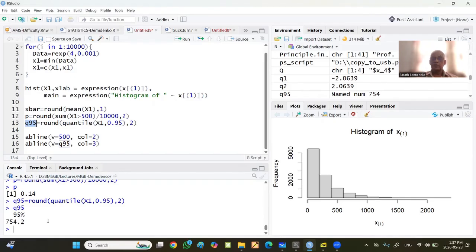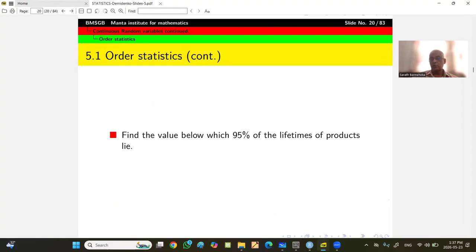754 hours. Right. So that's how we can use these ideas of order statistics to get this kind of answer. So you can see that's very useful, right? Otherwise, the mathematical calculations will be quite difficult sometimes, but this is a much easier way to do it.